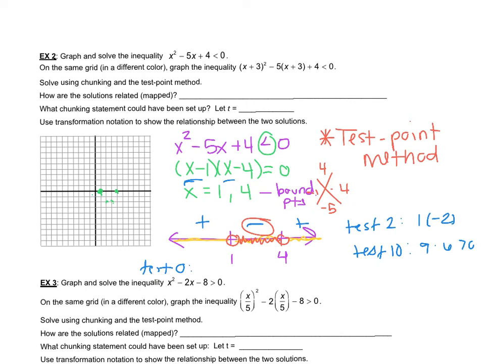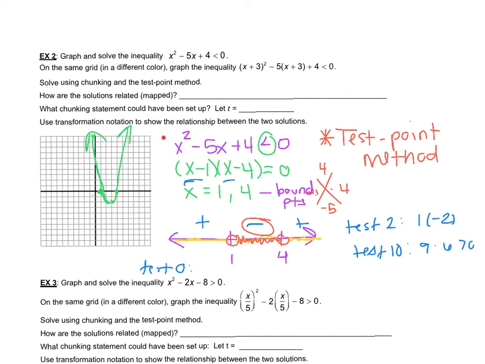Okay, well, I'm really bad at drawing parabolas on this tablet. Okay. So there's my parabola, and we can see visually that the y value is less than 0 between 1 and 4.